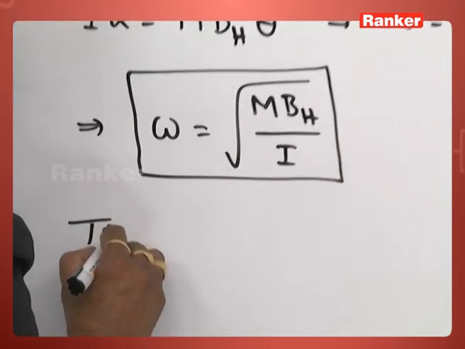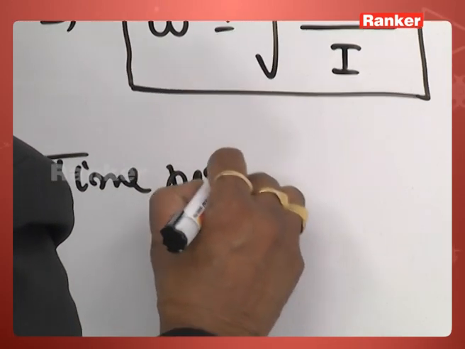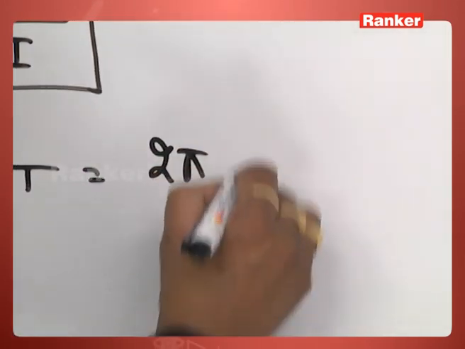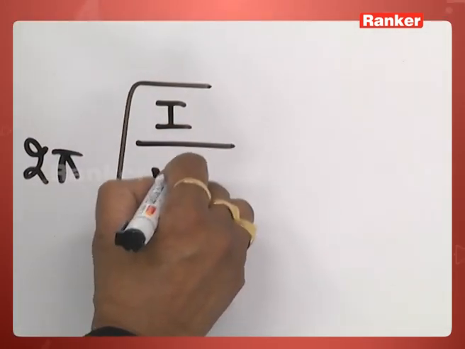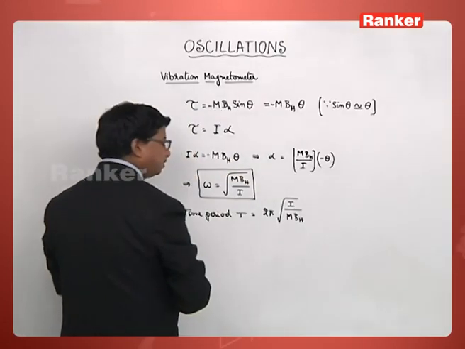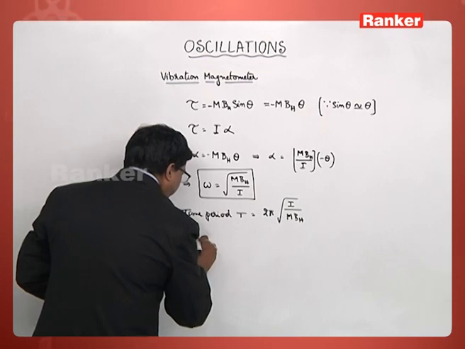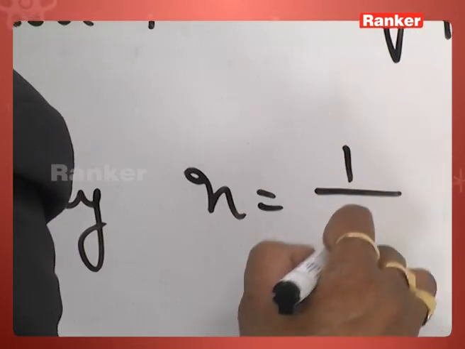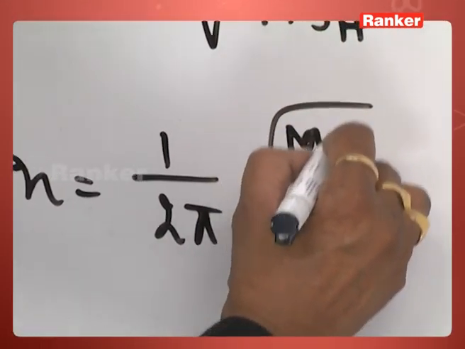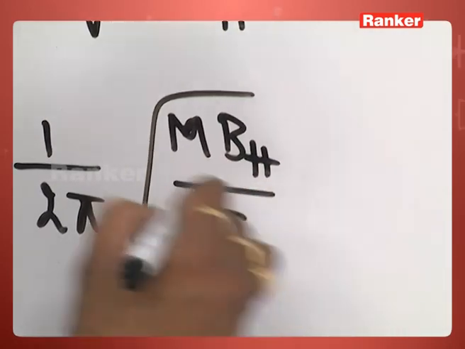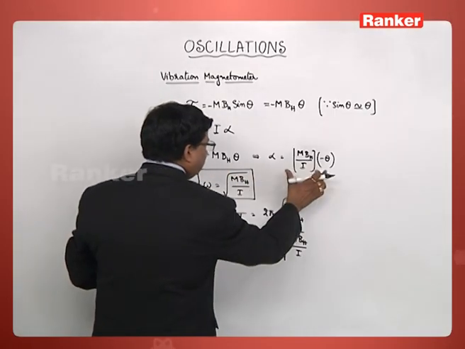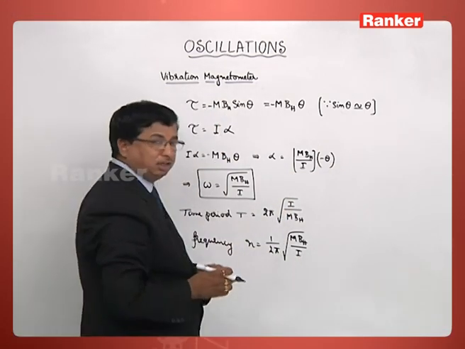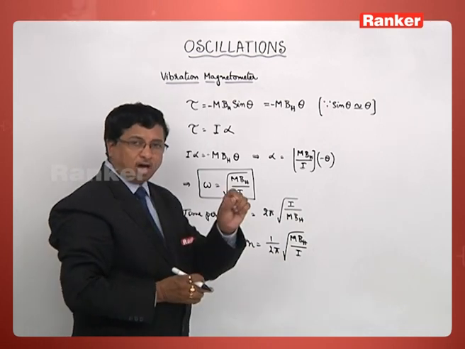Similarly, what would be its time period? If I write time period T, it now becomes 2 pi under root I by M BH. That is the concept. And of course, the frequency, whenever we consider that, n is equal to 1 by 2 pi under root M BH by I. So looking at this particular equation, one can understand that again these oscillations of the magnet in the magnetometer are simple harmonic by nature.